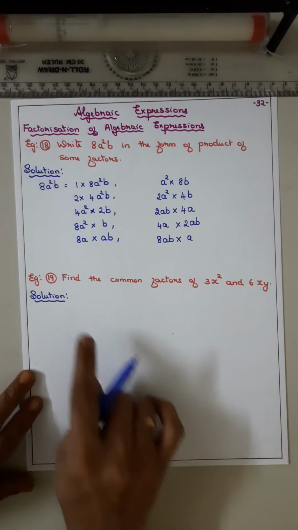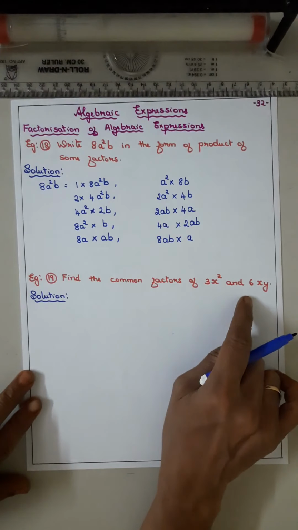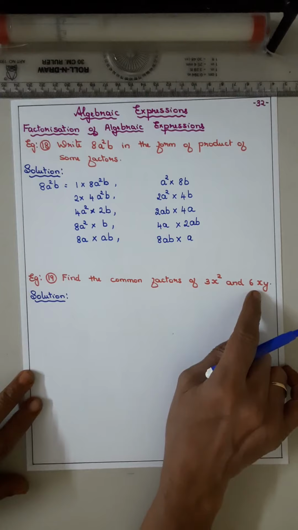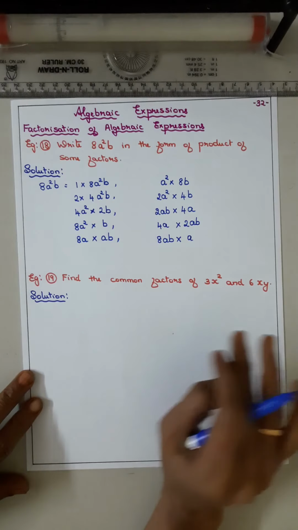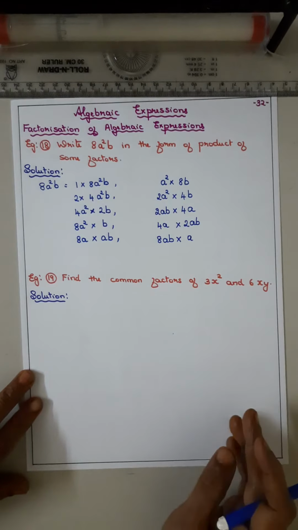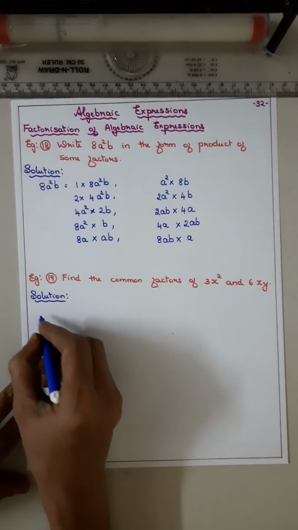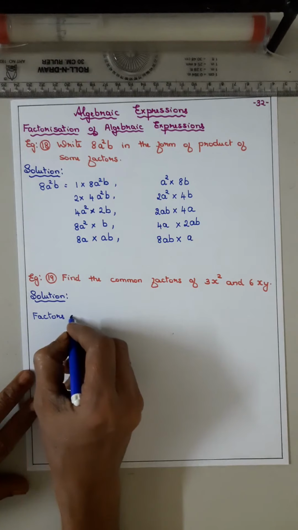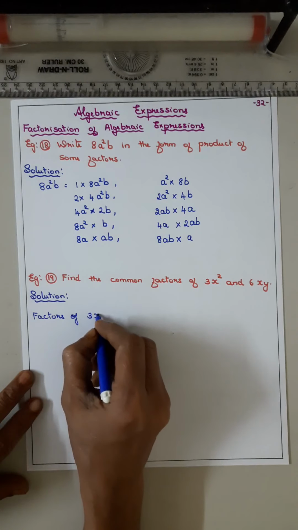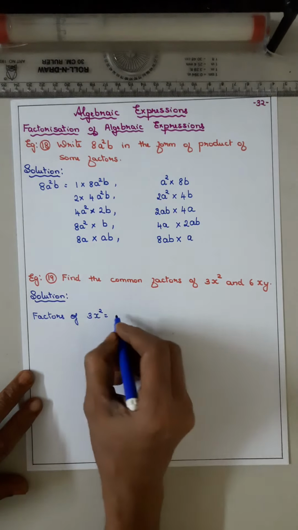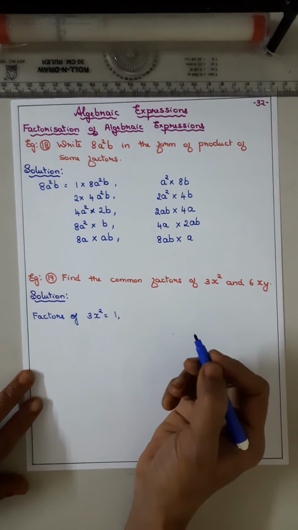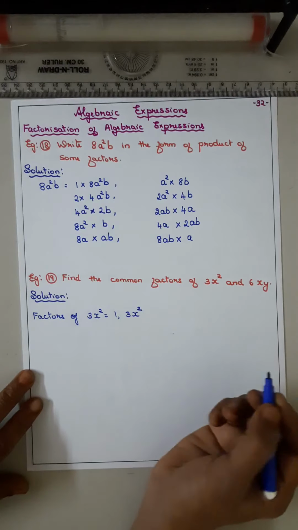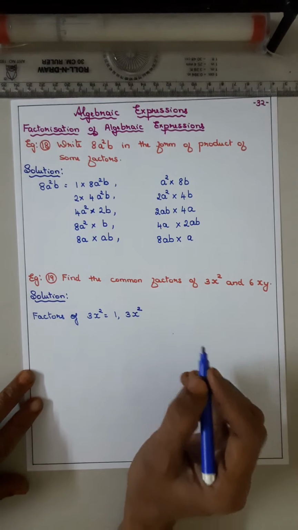Now coming to find the common factors of 3x squared and 6xy. Like ordinary numbers, here also you have to open it, isn't it? Split. So factors of 3x squared. 1 is a factor always. Now 3x squared, the number itself, 1 and the number itself.